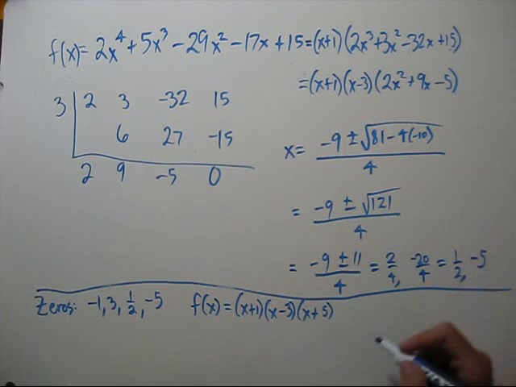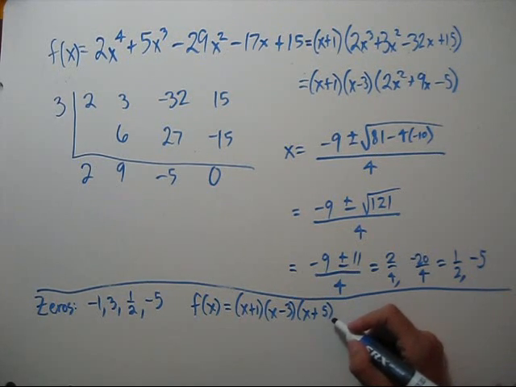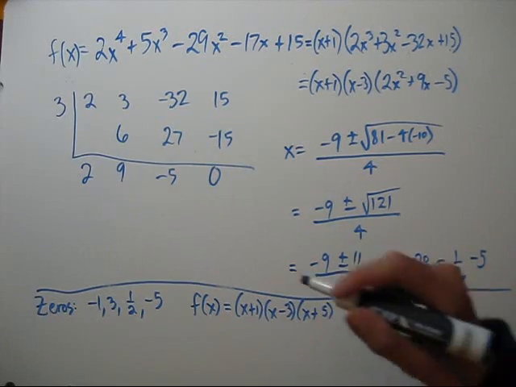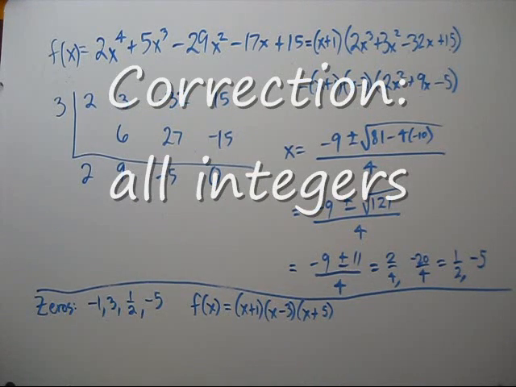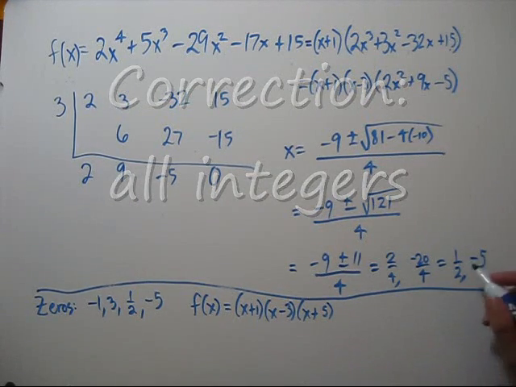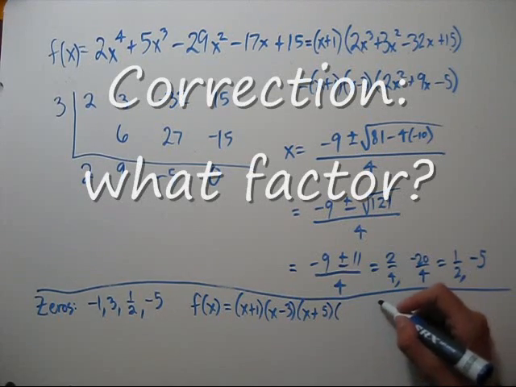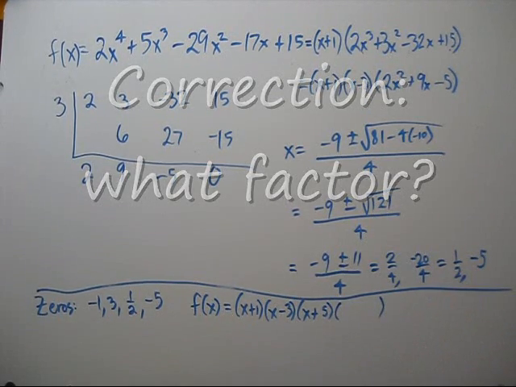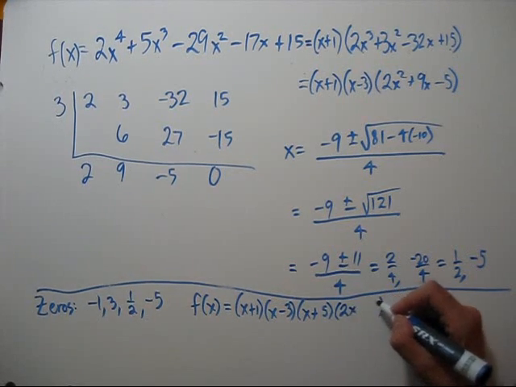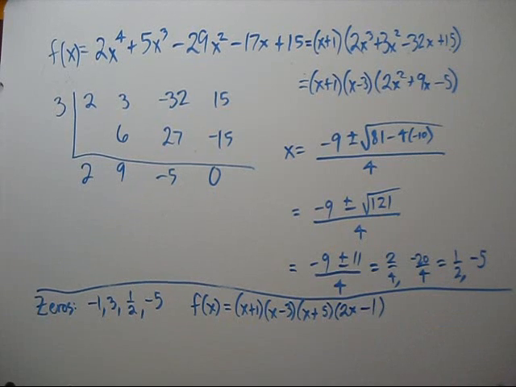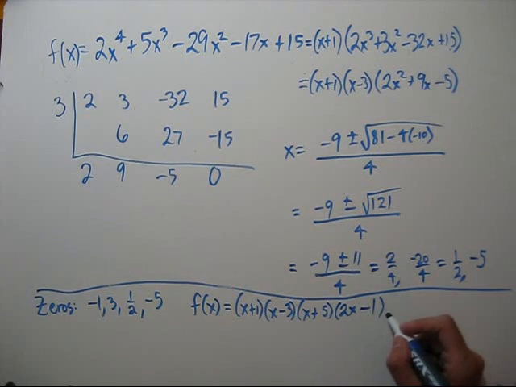If we had an x minus 1/2 here, some of our coefficients of the original equation would be fractions, and they're all whole numbers. So what coefficient would still give us a root of 1/2 but not have fractions in it? It would be 2x minus 1 rather than x minus 1/2.